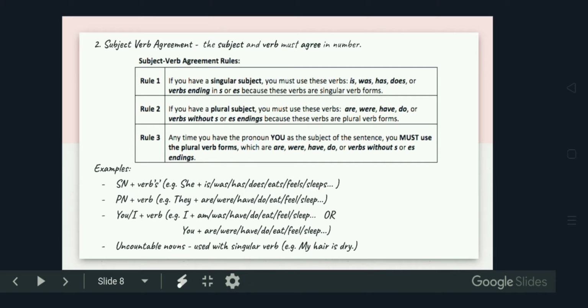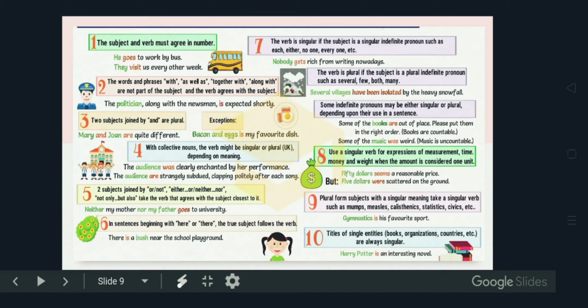And you need to pay attention to the uncountable nouns too. For example, hair is uncountable, so you use singular verb. My hair is dry. So these are the notes in detail. Pause the video if you want to take a look and take note of these important bits.